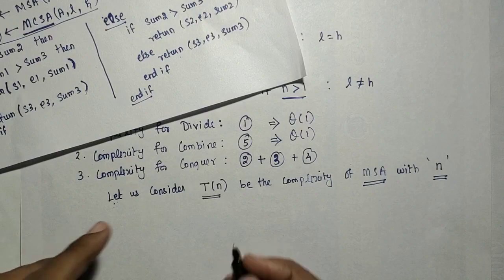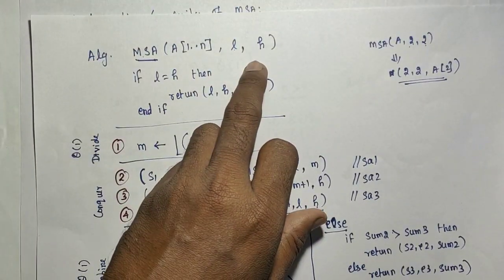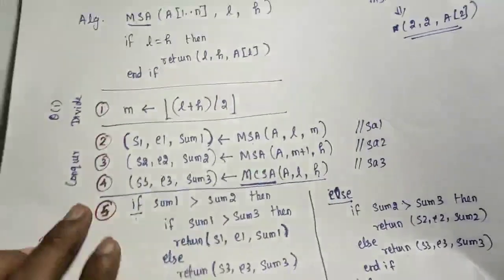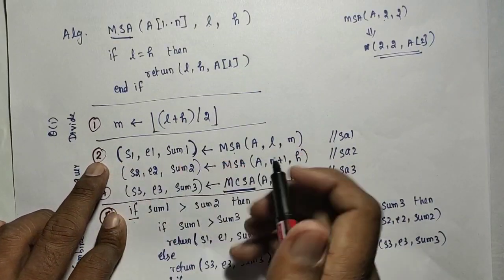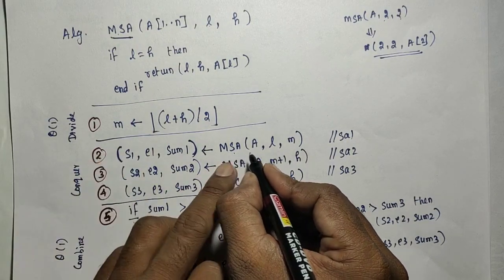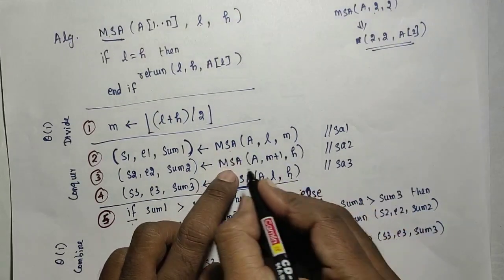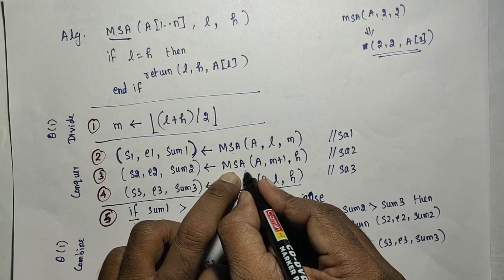We need to find that complexity for the main MSA for the size n. Now consider the second step. The second step is the recursive call. Recursive call means what will be the size of the first call and what will be the size of the second call.